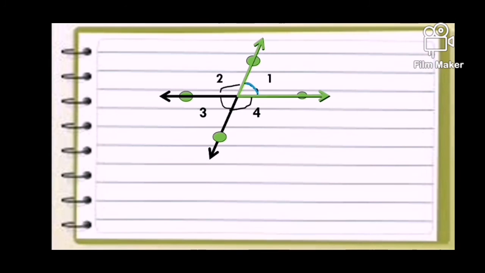In the figure, angle 1 and angle 3 are vertical angles, and angle 2 and angle 4 are also vertical angles. They have a common vertex but have no common sides.